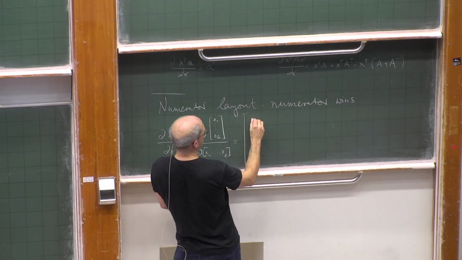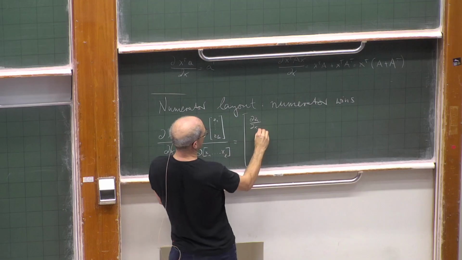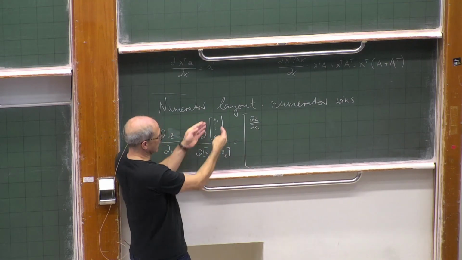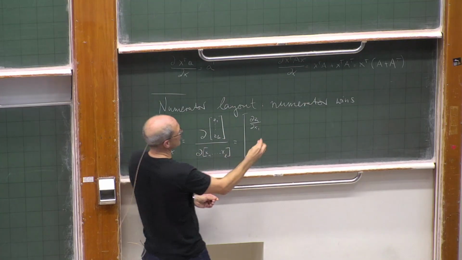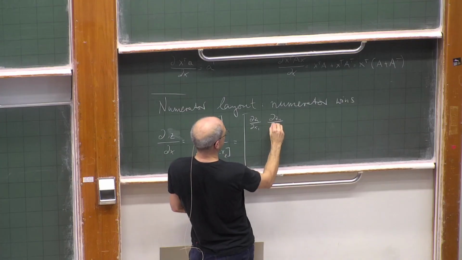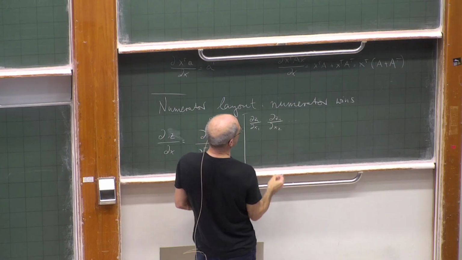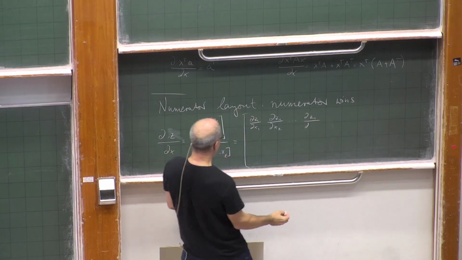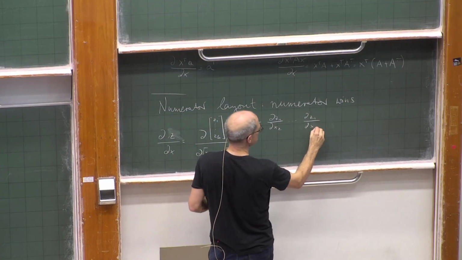Up in the top left corner, I get dz1 by dx1. Next to it, the numerator has 1, so this stays a column vector. So I get dz1 by dx2, and we continue until dz1 by dxl.